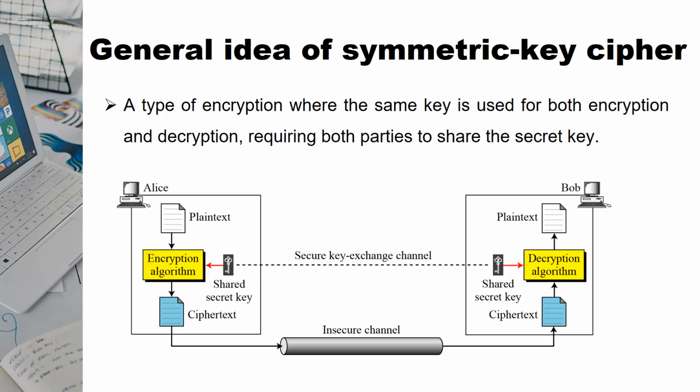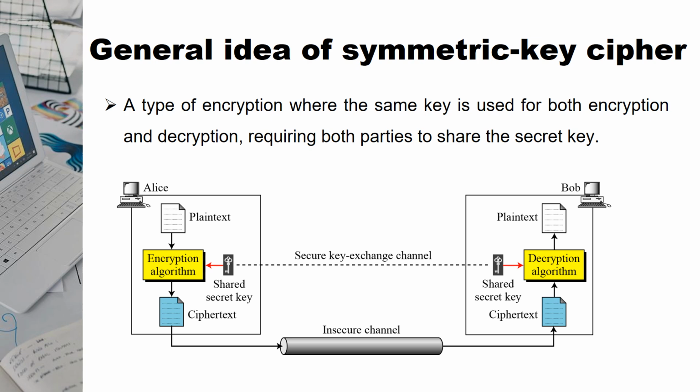This is a symmetric key cipher. This method is fast and efficient, but the challenge lies in securely sharing the key between parties. A classic example is the Advanced Encryption Standard, the AES.